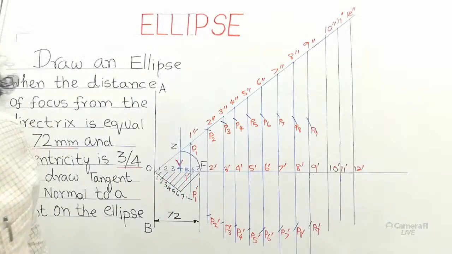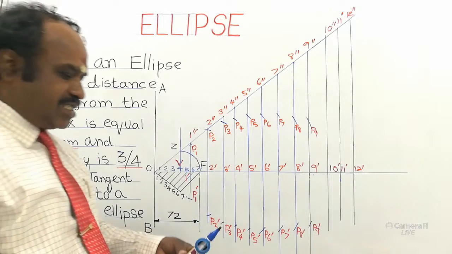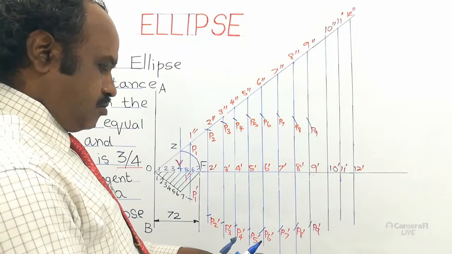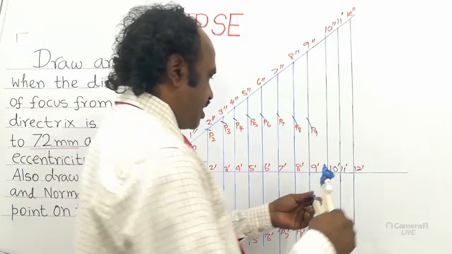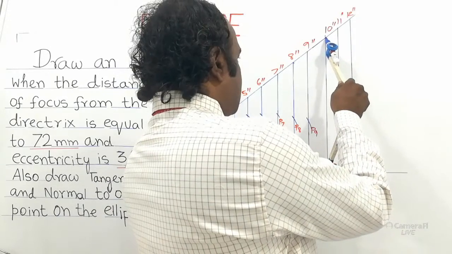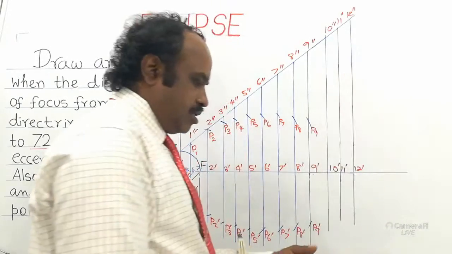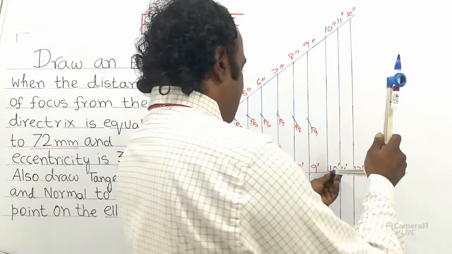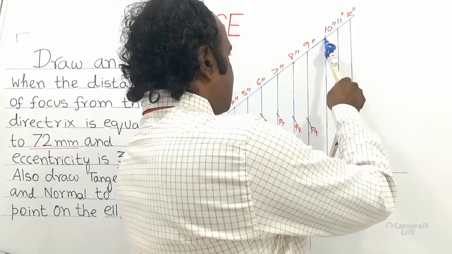So now you take the distance using your compass, that is, the vertical line distance is taken in the compass. So take the 10 dash, 10 double dash distance in your compass. Okay, so 10 dash, 10 double dash distance is taken in the compass. Then you keep F as center.